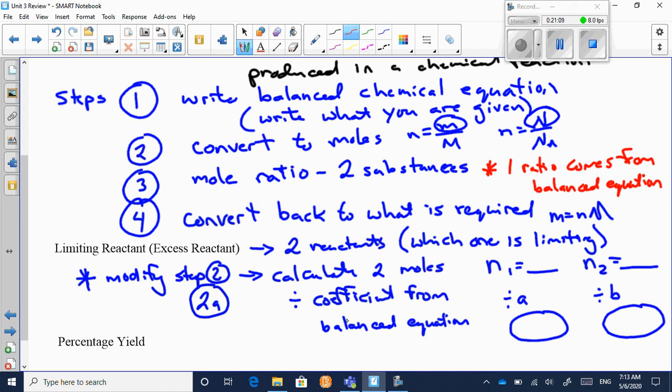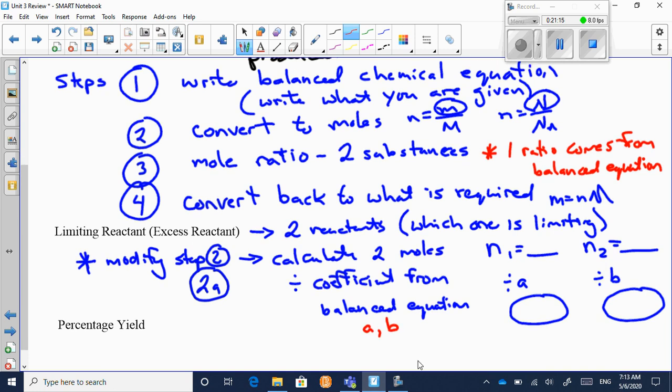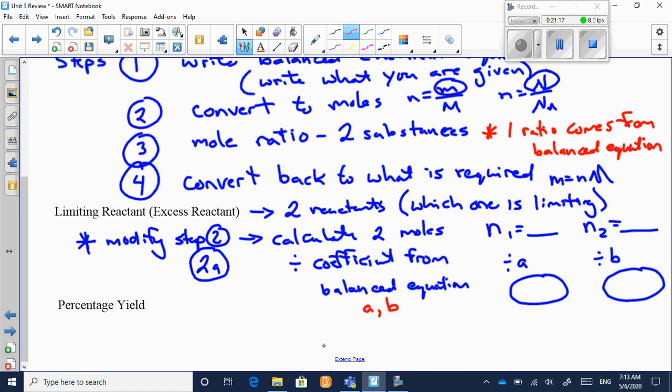So I'm just going to put here, divide by the coefficients from the balanced equation, little a and little b. So let's say your equation had been little a, capital A, plus little b, capital B, where the little a and little b are the coefficients, and they produce something. So that's what you're dividing by. So just be careful of that.